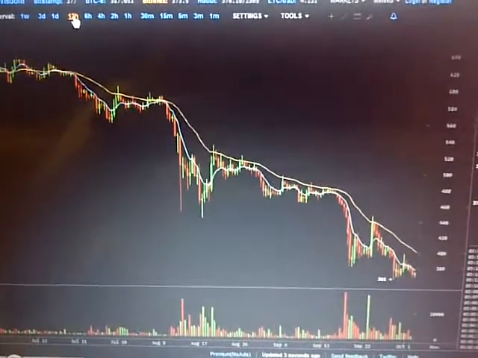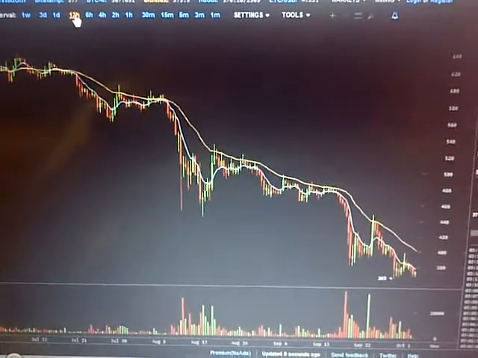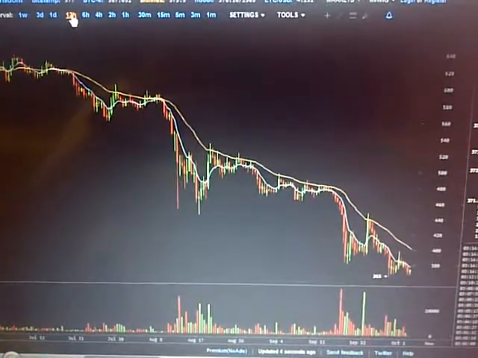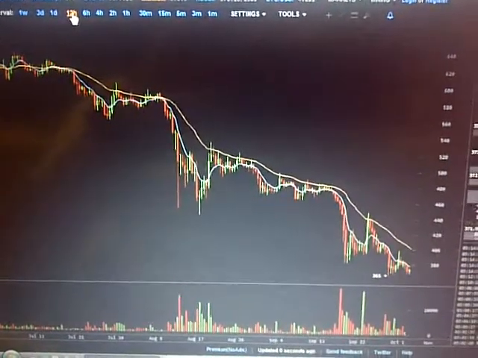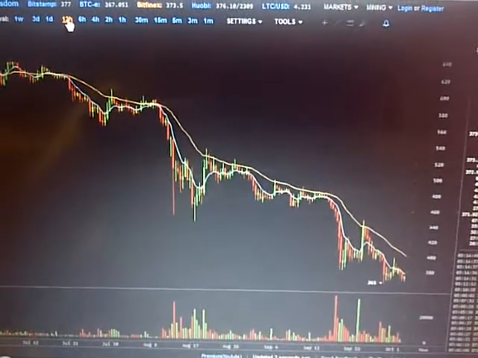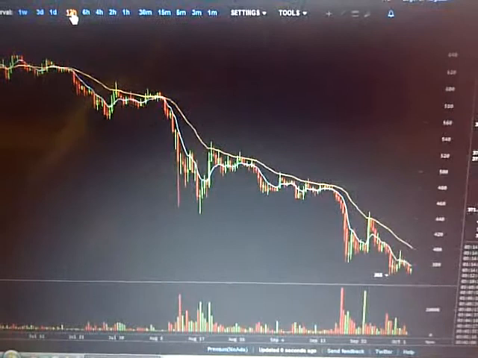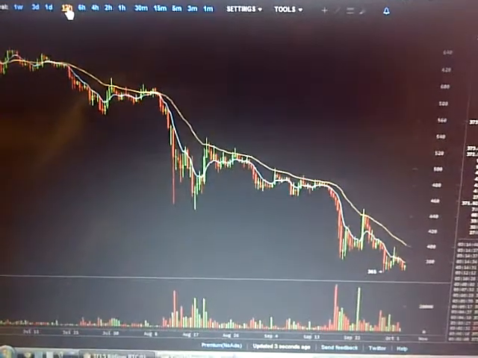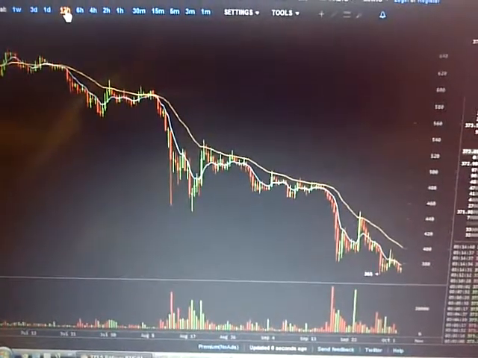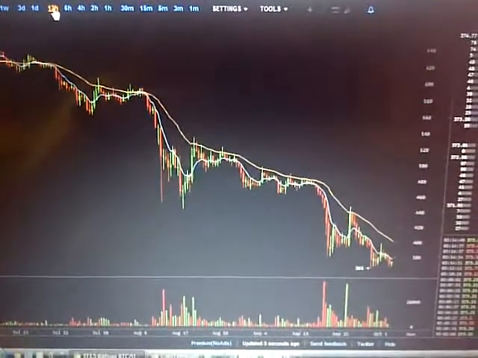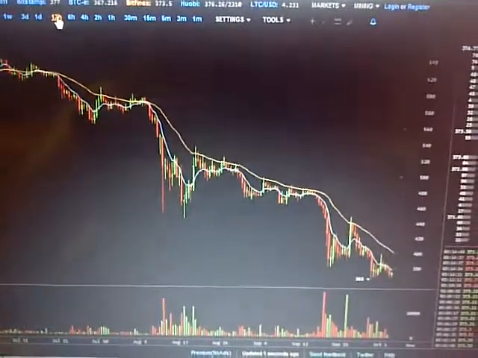In fact, they may even get out of mining altogether, and they'll leave a lot of the larger mining rigs and mining pools at that point, but a smaller amount of miners. So that would reduce the sell-off, you would think, but you never know about Bitcoin.